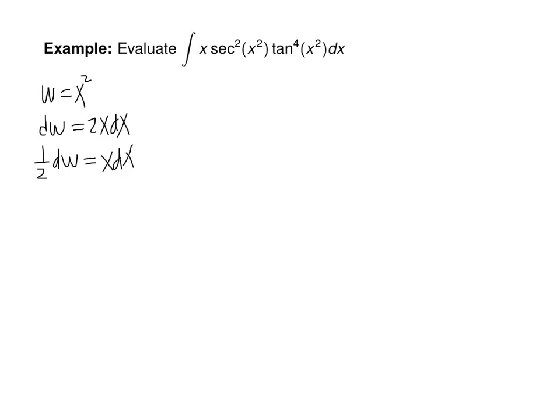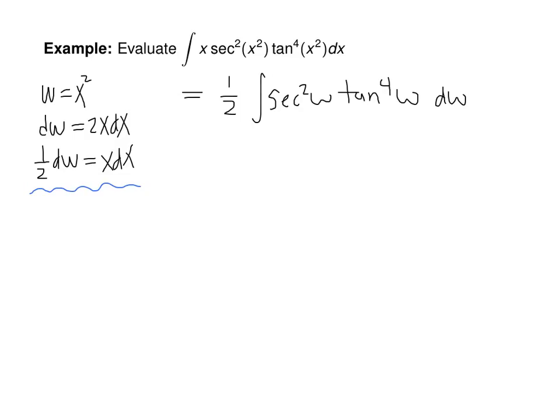This means we now have 1/2 the integral of secant squared of w tangent to the 4th of w dw.